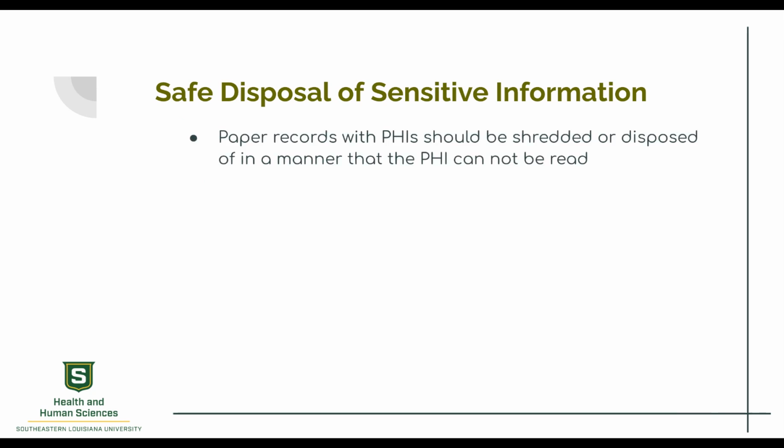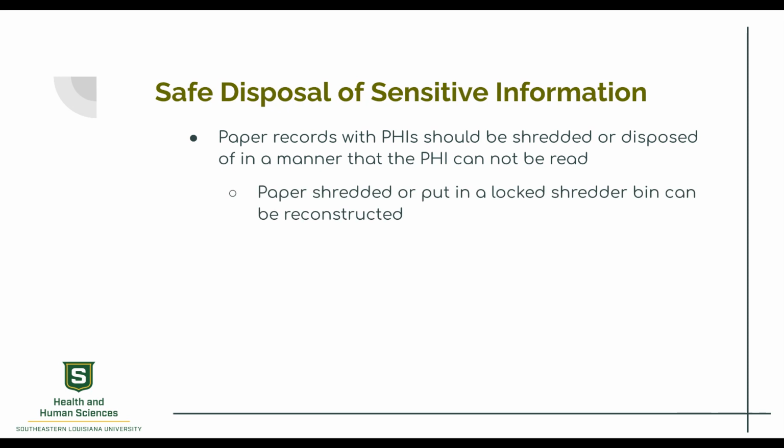Some of the things that could be done, and this is not limited to all of this, is that paper records should be shredded. But it's not just about being shredded. You also want to make sure that it's disposed of in such a way that it cannot be reconstructed. We see this happen in movies, where FBI agents or CIA agents go into people's trash and dig through everything.